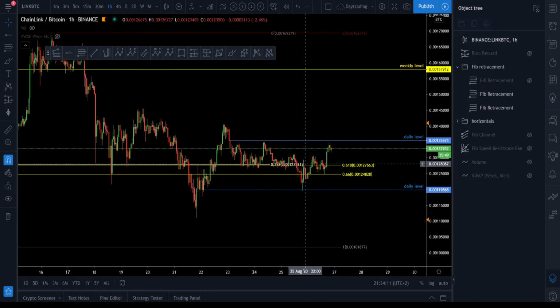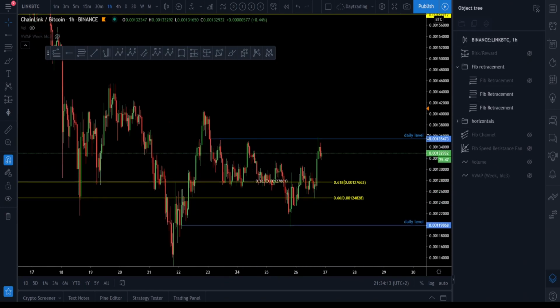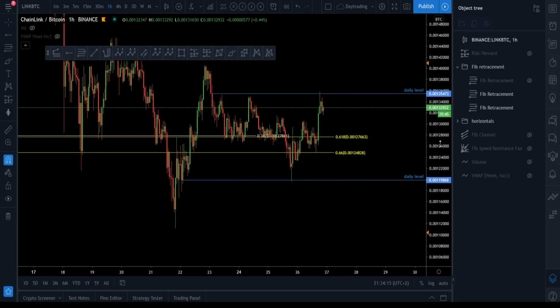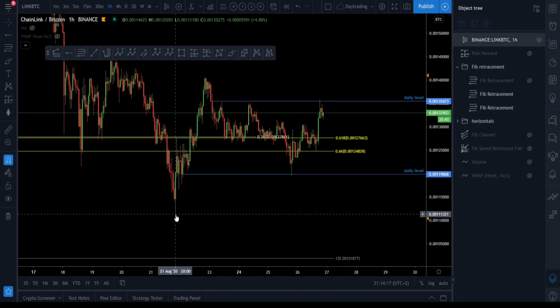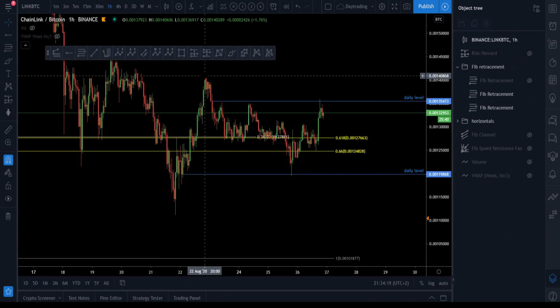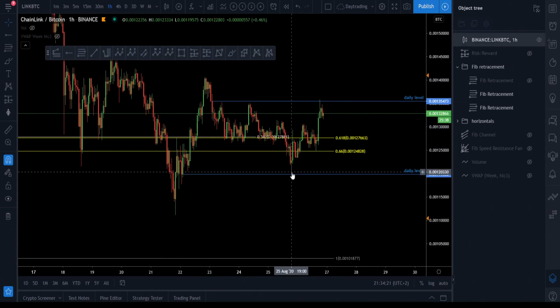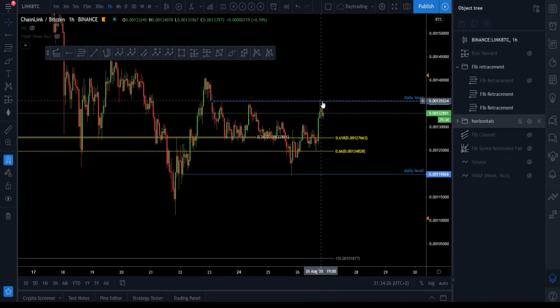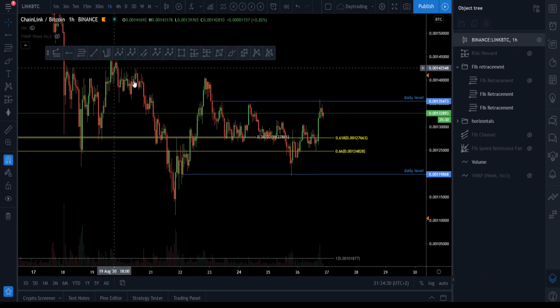Very relevant level, and now we're having some sort of change in market structure, right? Because if this is the low, then we have our high here, and then we have simply made a higher low, bouncing off of the daily level, and now coming back up to this daily level again. Looks like we're consolidating underneath resistance, right?